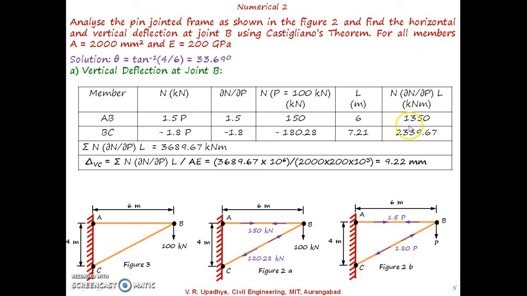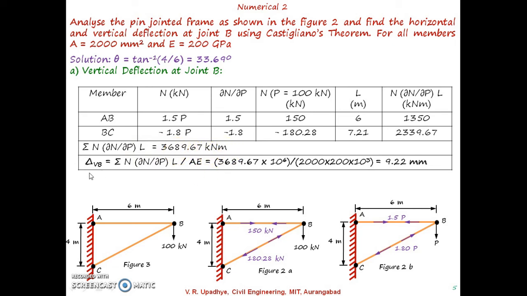That gives us 1350 in member AB and 2339.67 in member BC, and both are positive because this is minus and this is also minus, so that becomes plus. Now if we sum it, the summation becomes 3689.67, which is the summation of N del N by del P into L, in kilonewton meter.